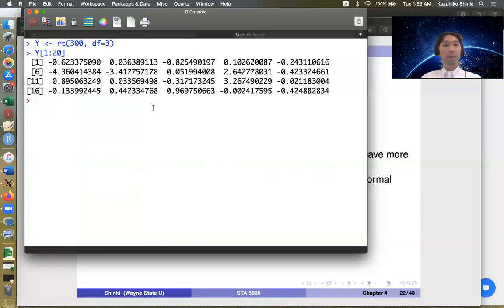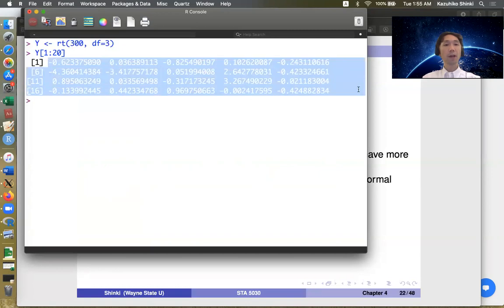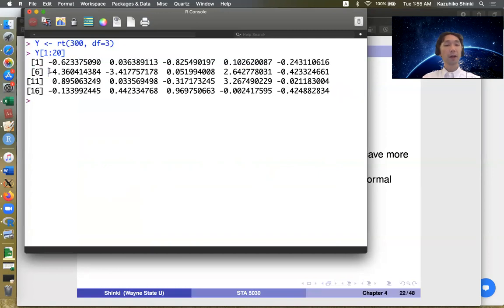Most observations are around 0, but you can see more extreme values compared to the standard normal distribution, negative 4.3 or positive 3.26. These observations are rarely observed from a normal distribution, but most observations are around 0, like 0.02, 0.42. So except for the tail part, it's pretty similar.